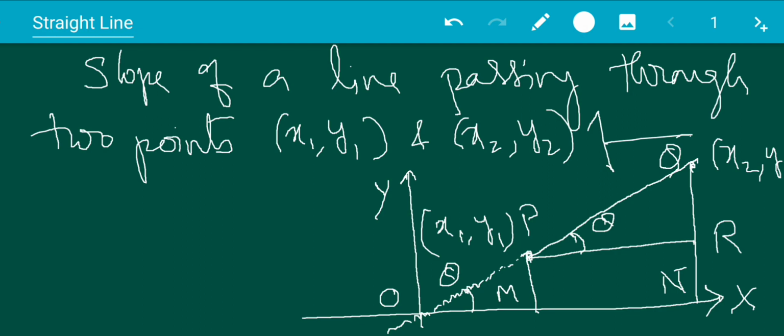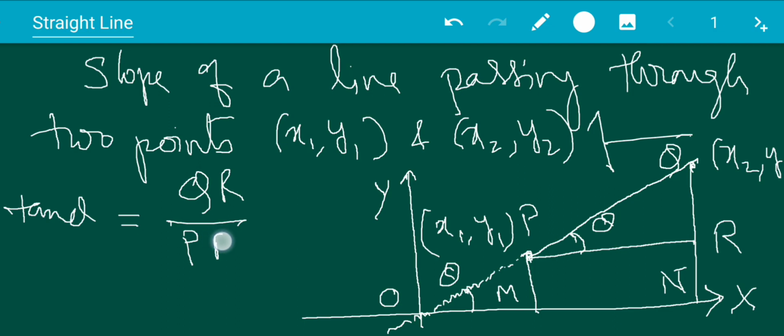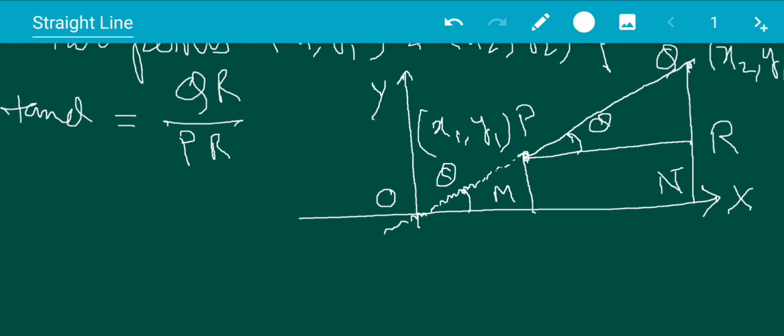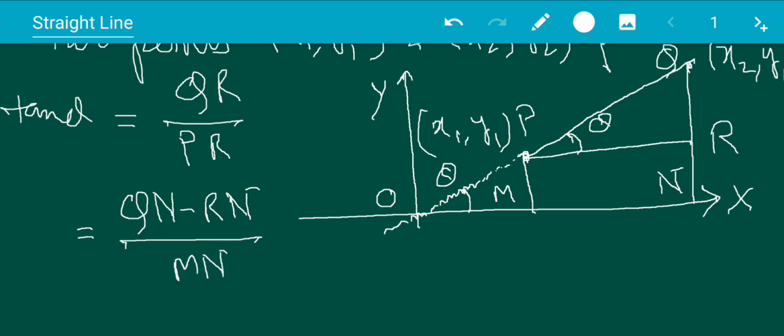So how to find the slope? From here tan theta is equal to QR by PR. So what is QR by PR? QR is nothing but QN minus RN, whole divided by PR. PR is nothing but MN.